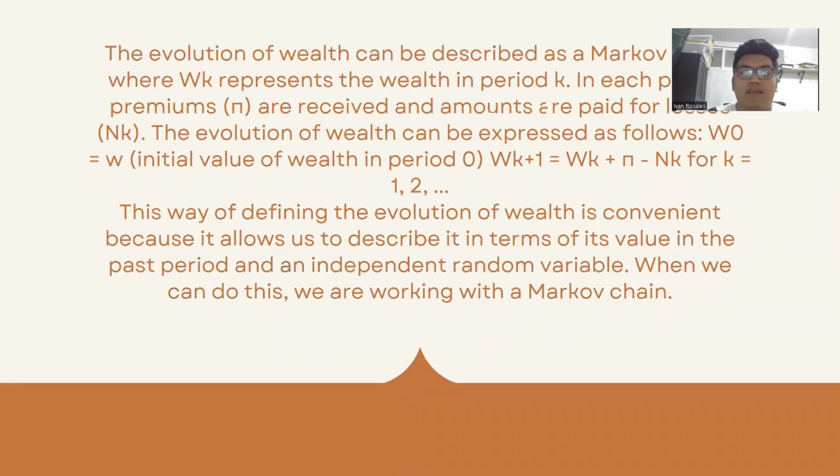The evolution of wealth can be described as a Markov chain when W_k represents the wealth in period k. In each period, a premium P is received and amounts are paid for losses N_k. In this case, the evolution of wealth can be expressed as follows: W_0 equals w, the initial value of wealth in period 0.